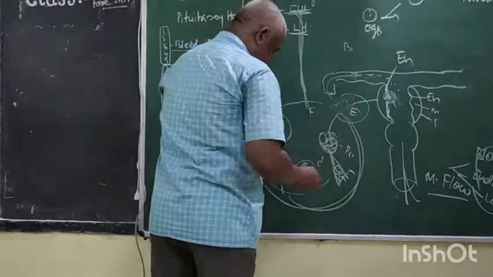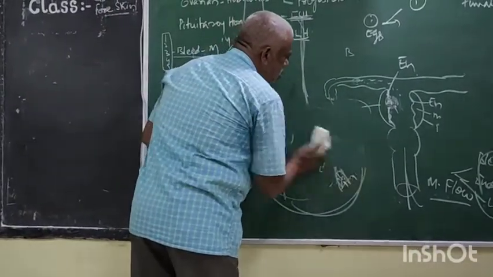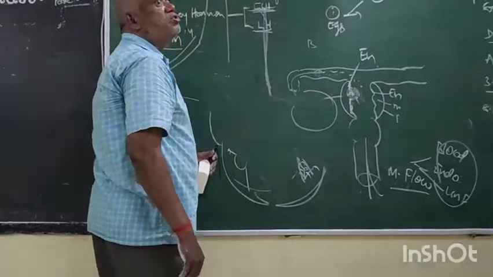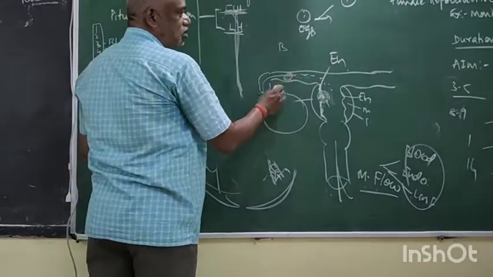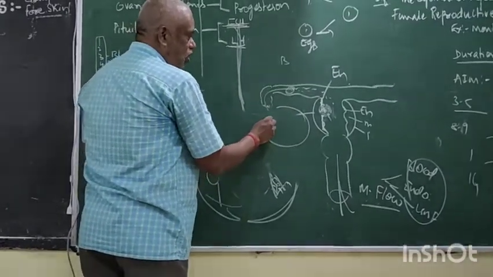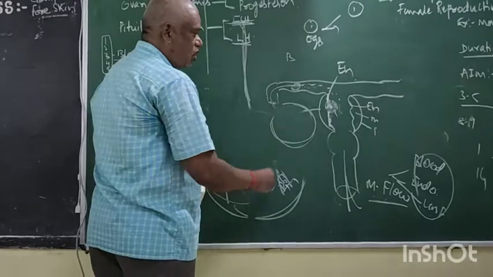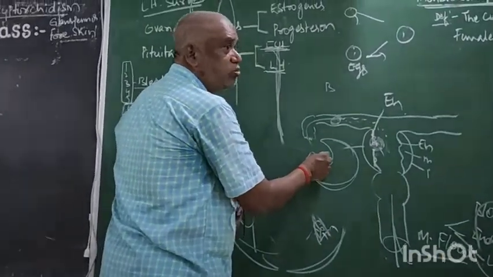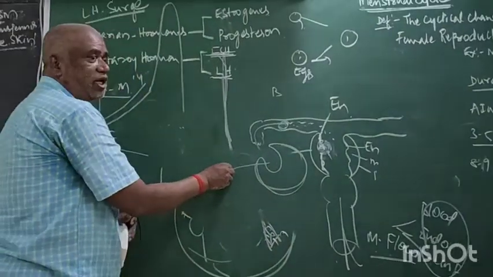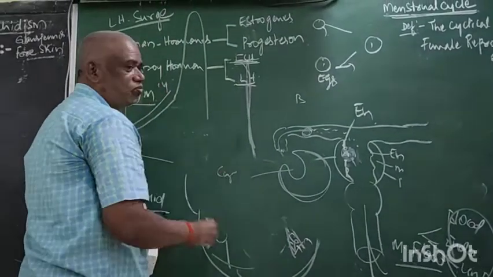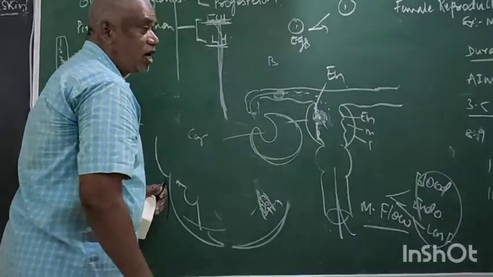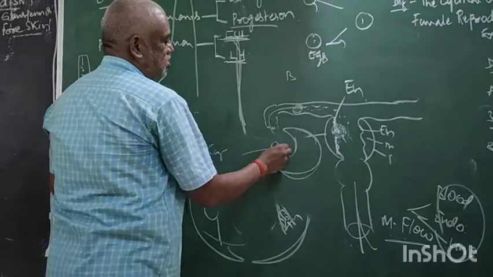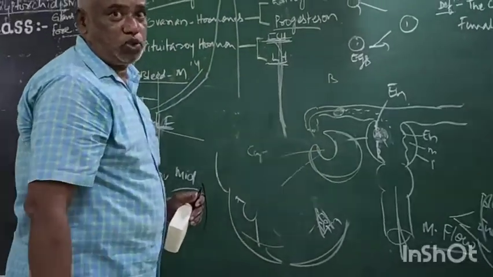Now, it is the ovary. When you see the 15th day, the egg is present, passing into the fallopian tube. Now, what is this in the ovary? Graafian follicle or empty Graafian follicle? Empty Graafian follicle. That is the corpus luteum. Now, this corpus luteum produces another hormone, progesterone.